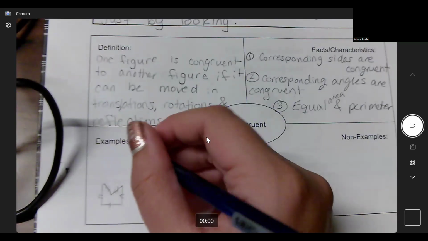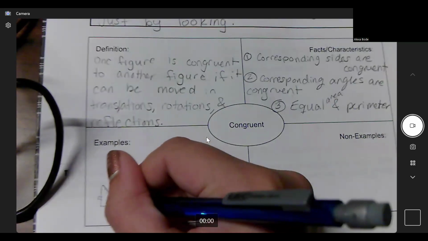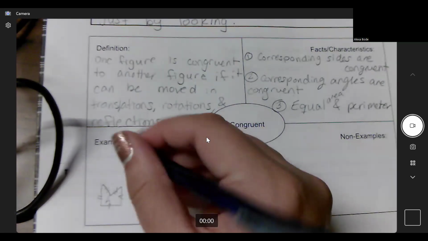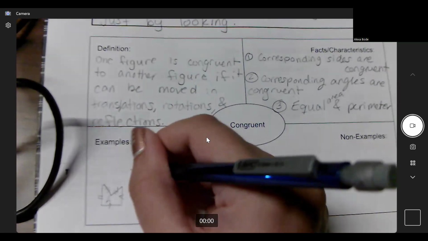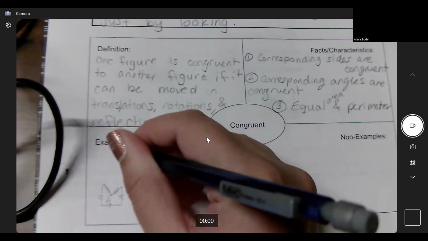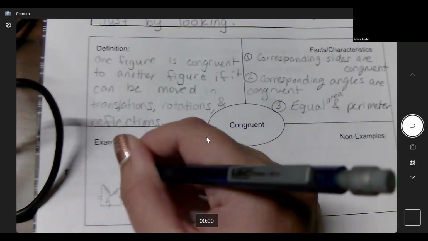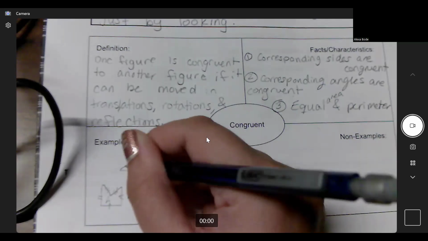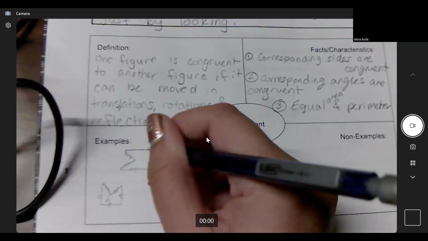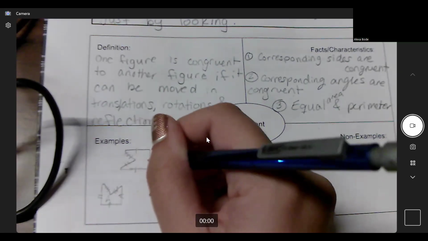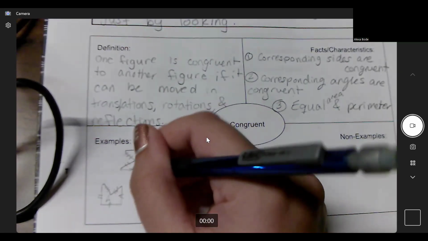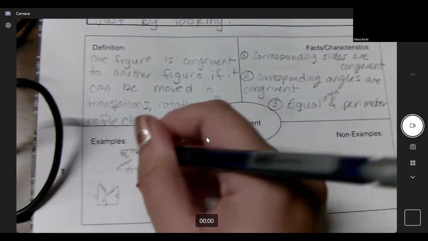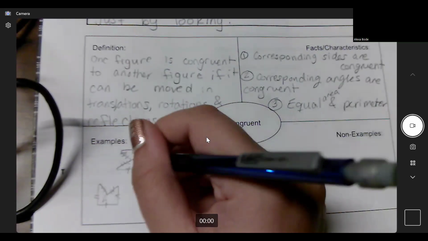And this is my shape A. So let's say that I rotate this shape slightly. I'm going to rotate it this way. If the shapes are congruent, this side, this side, this side. Oh, shoot, I did them wrong. This side, this side, this side, this side, and this side are all corresponding and congruent to the other one.